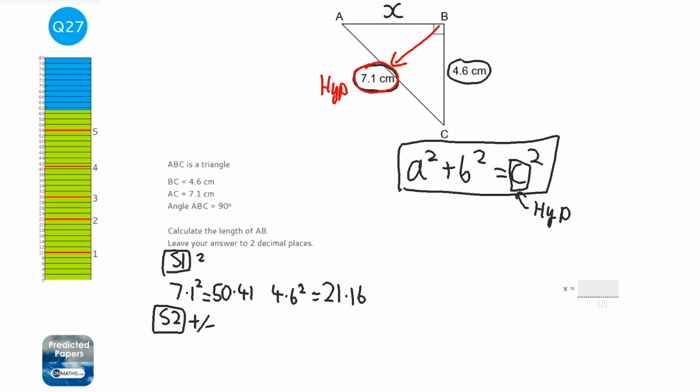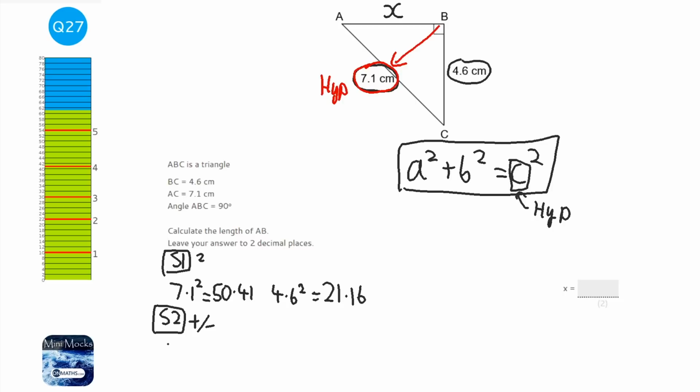What's special about the hypotenuse and why it has a special name is it must be the longest side. So in step 2, have a think, if we add them, we'll get a bigger number, and the hypotenuse must be the biggest side. So when you're finding another side, not the hypotenuse, you will subtract. But if I was finding the hypotenuse, so I wanted a bigger number than the other two, then I would add.